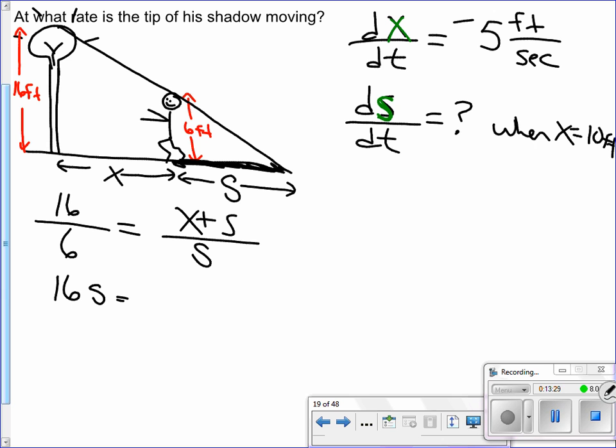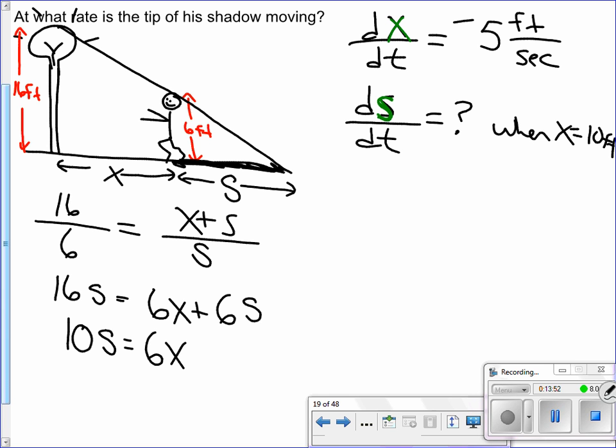16s equals 6(x plus s). Thank goodness someone remembered to distribute. Good? Cleaned up enough or no? Oh yeah, take away 6s from both sides. So you have 10s equals 6x.